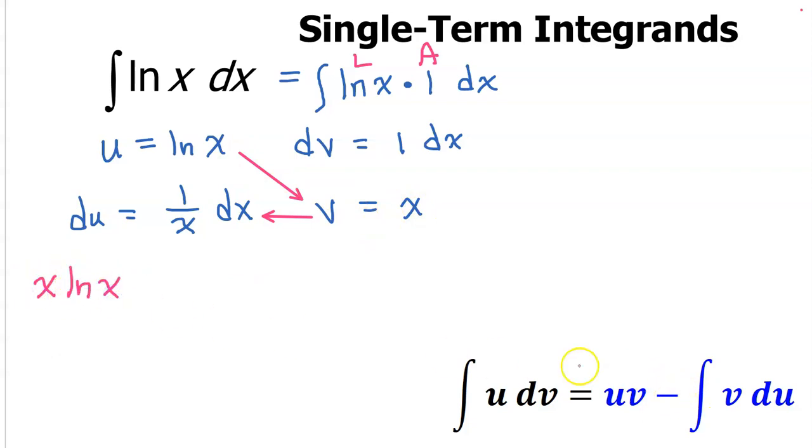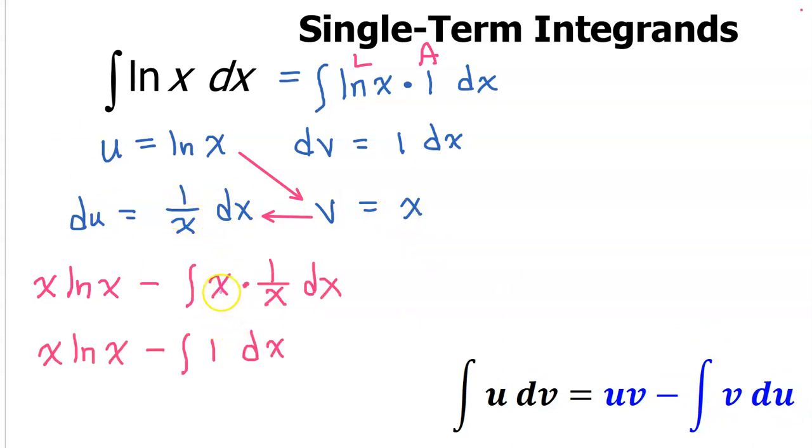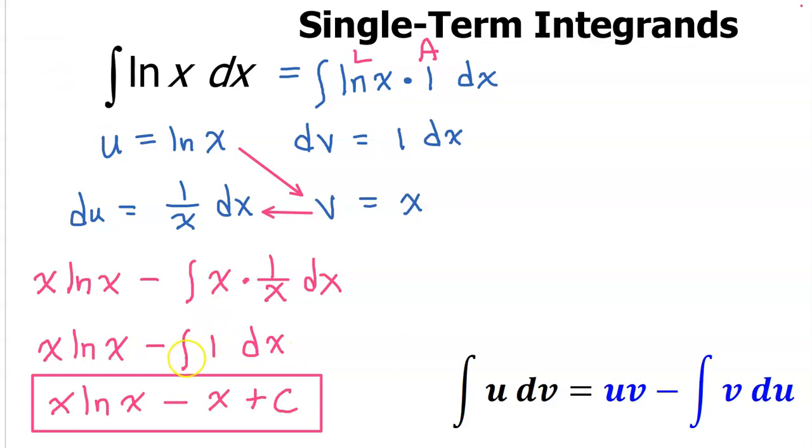And then we put minus the integral of v du. So that's x times 1 over x dx. Of course, x times 1 over x is just 1, so now we have this. And the antiderivative of 1 is x plus c, so this is the final answer.